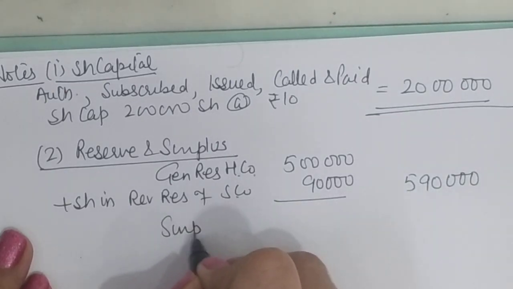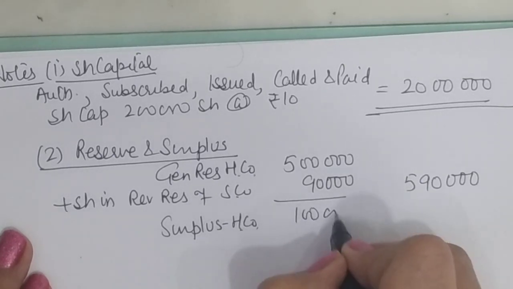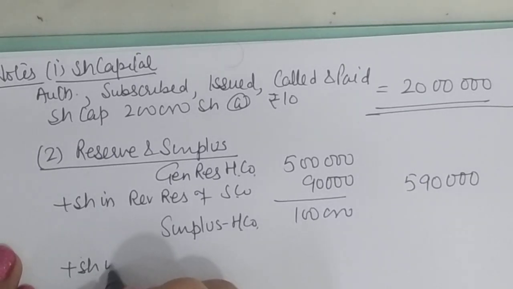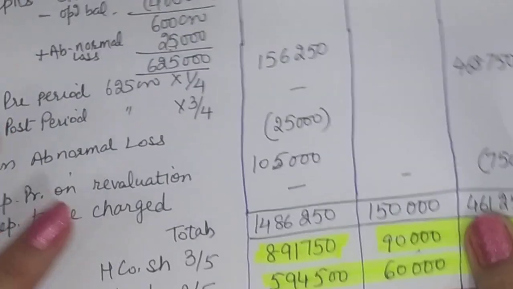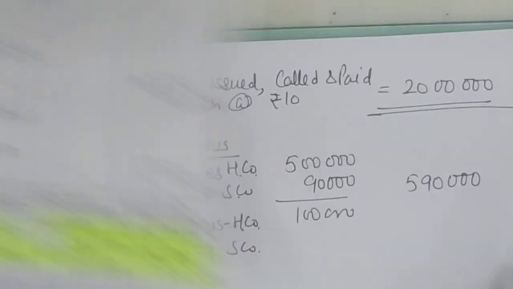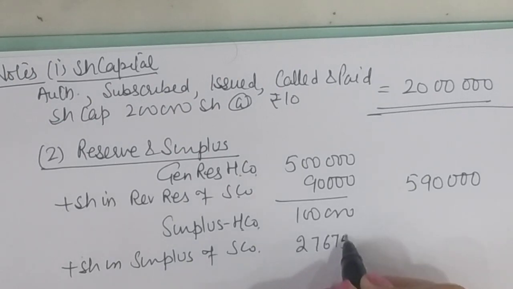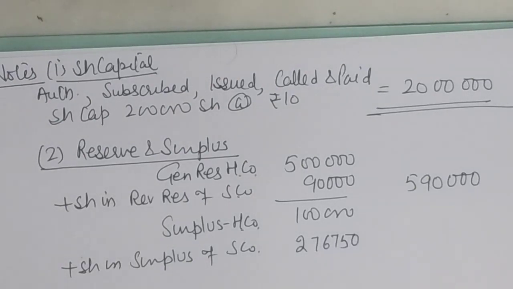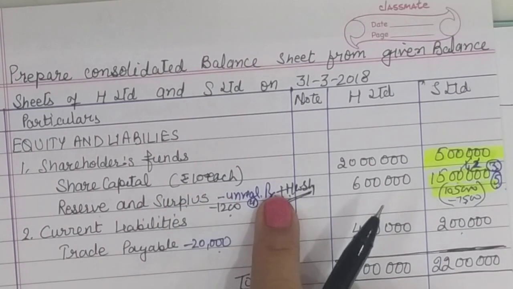Then the surplus. The holding company has a surplus of 1 lakh, plus they got a share in the surplus of the subsidiary company, 2,76,750. Apart from that, we had some adjustments also. The adjustments which were marked here, you know that 1200 is to be subtracted for unrealized profit.